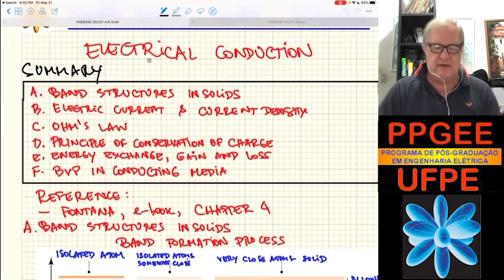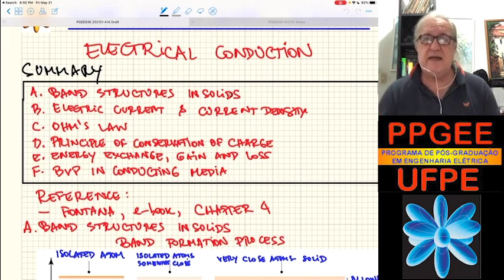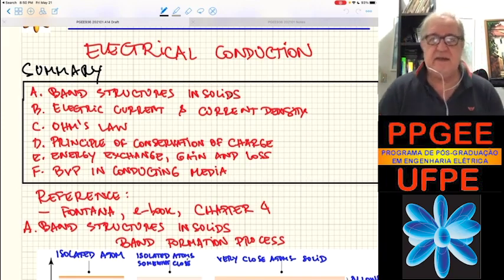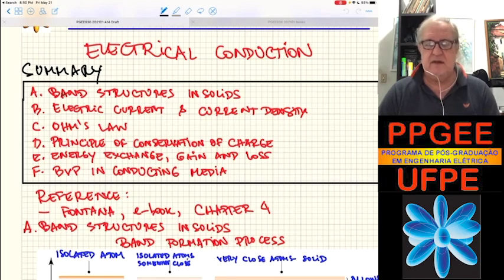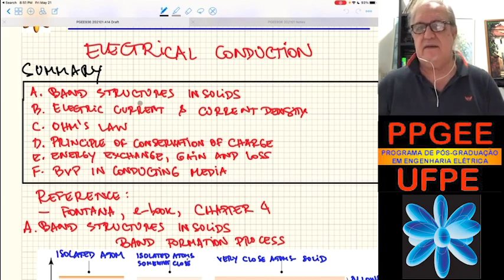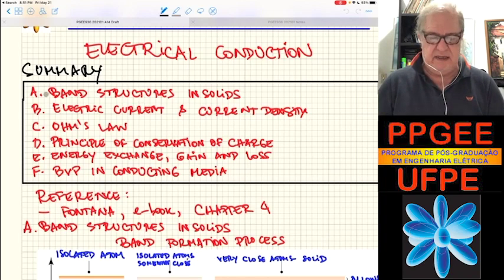We are going to talk, just briefly comment, on how materials are organized in different types of properties that can be inferred from the band structures in solids in general. We are interested in materials in which we have free carriers that can flow through the material through the application of an electric field.